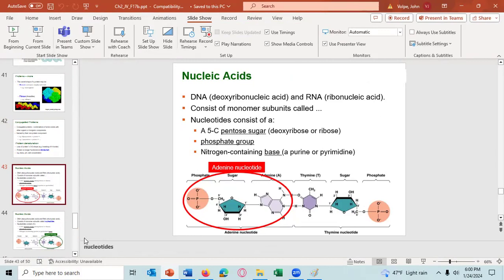There's the pentose sugar, and that's right there. Pentose is just a 5-carbon sugar. There is a phosphate group attached to the sugar, and then a nitrogen-containing base also attached to the sugar.